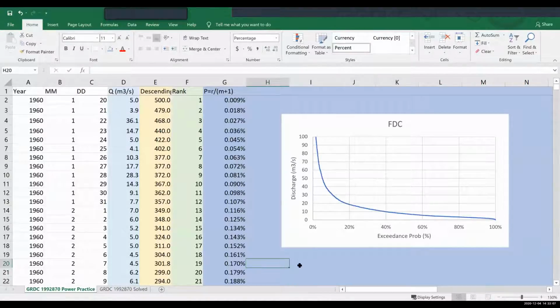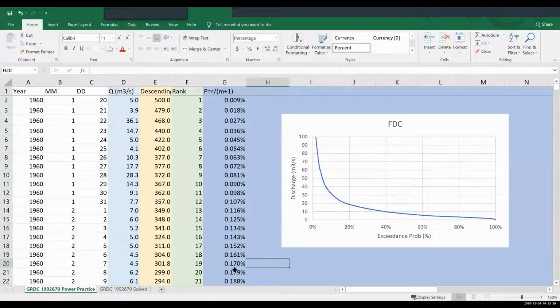Now you want to make sure, if you want to design your project for, say, 90% dependable, what is the flow? For 60%, like 40% dependable flow, it is 10 cubic meter per second.